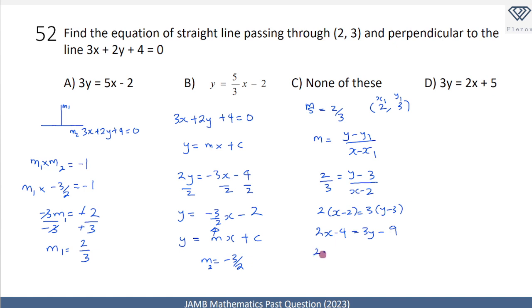So we have 2x - 4 + 9 = 3y, and 2x - 4 + 9 is 2x + 5 = 3y. I can just switch it over, and that is the same as saying 3y = 2x + 5, and that makes option D the correct option.